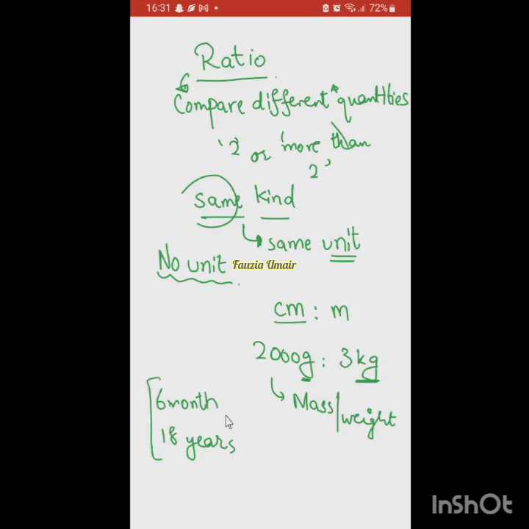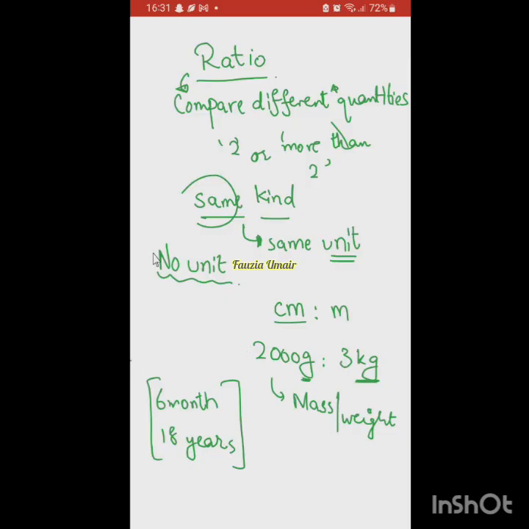Yes, ma'am, we can. Although the unit is not the same, we can convert 18 years into months, or 6 months into years. So that's why we can compare them, right? So we can compare quantities which might have different units, but we can still convert them into the same unit. In that case also we can compare them using ratio.